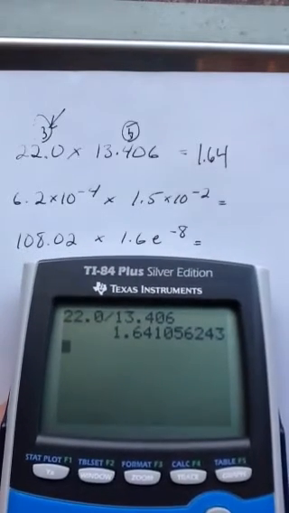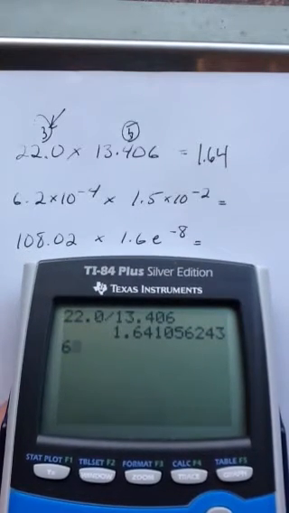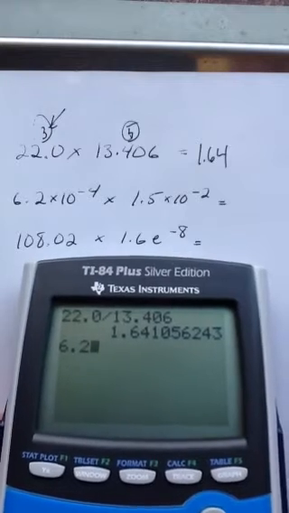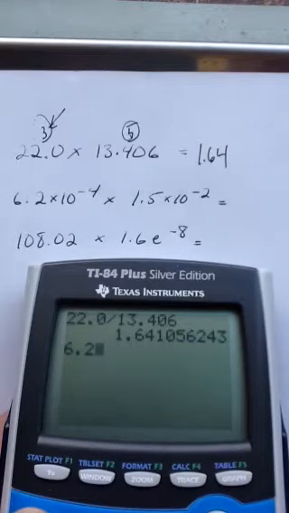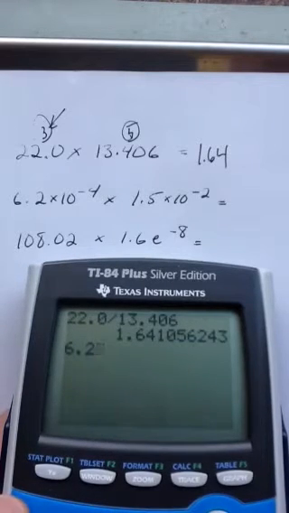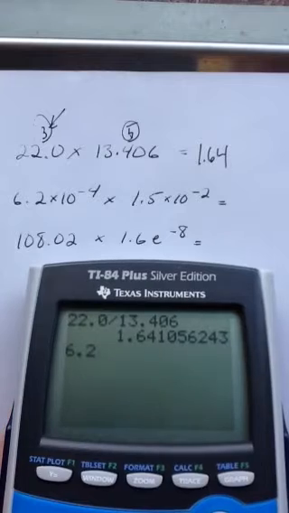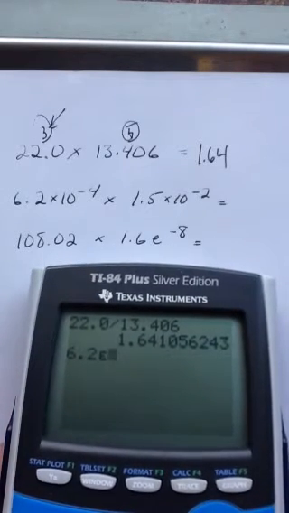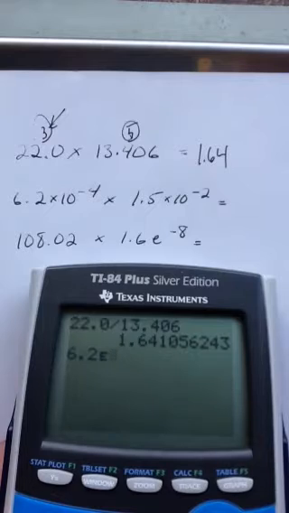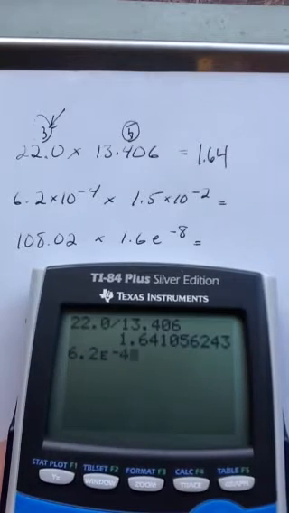Second problem, we have 6.2 and then it's exponential. So in my calculator, I'm going to hit the second function, and then I'm going to hit the double E, which is this right here. I'm sorry, I'll write it there. And then it's to the negative fourth, and I'll show you later on how to do this in your own calculator.